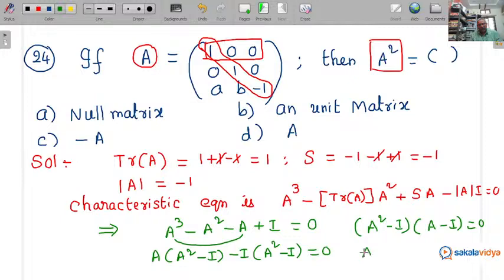Two cases you will get. A square is equal to I and also A is equal to I. So A square is equal to I means involutory is not there. A is equal to I means unit matrix. So B is the right option. I hope you might have got this question now. Right?